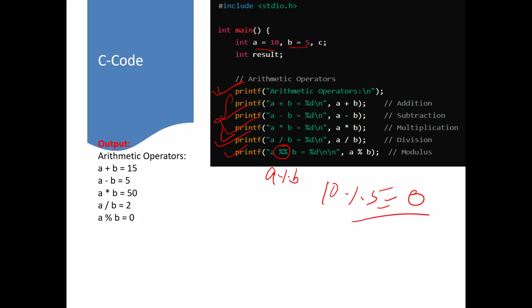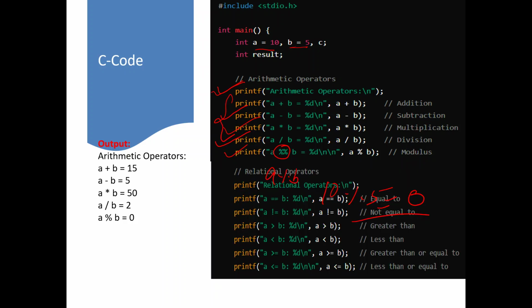That's why it is returning 0. Next we have the relational operators, whether a equals to b or not. No, it will return 0. Similarly, a not equals to b will return 1, right? Similarly, we can evaluate all the values using the operators.